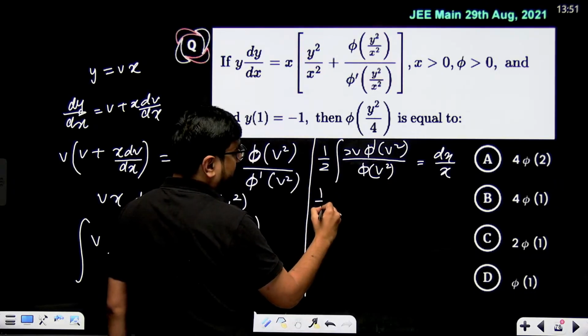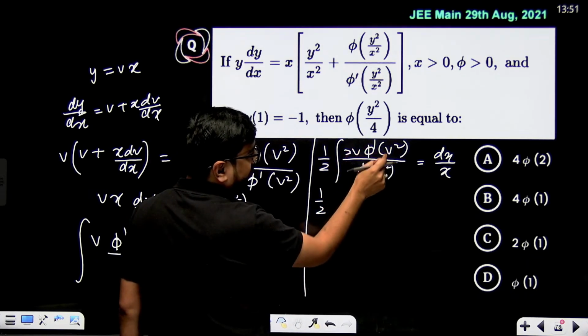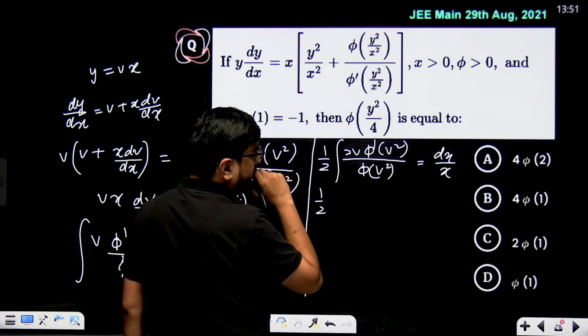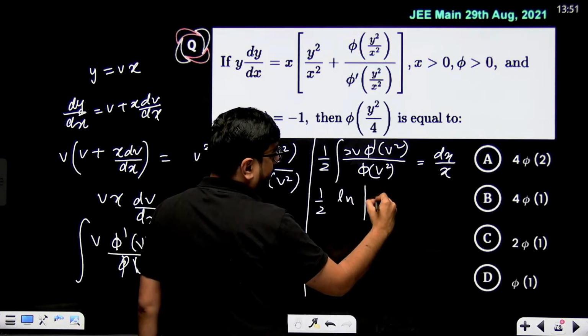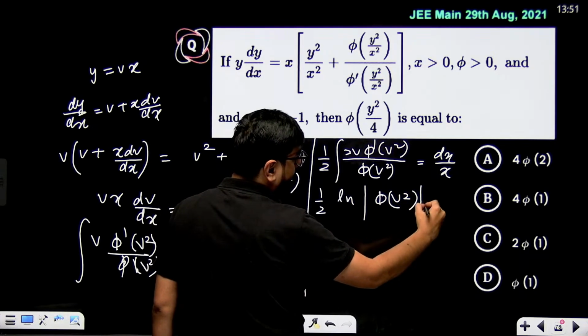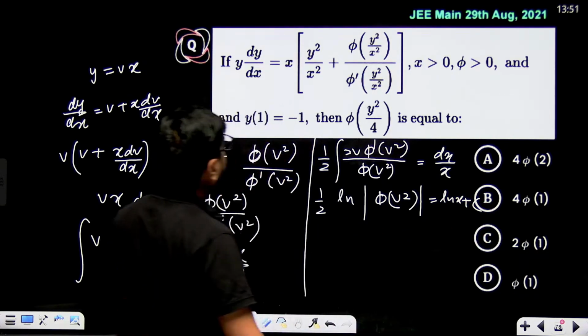Now this is 1 by 2, this thing will become v dv and f dash by f we have. So this is going to become ln of phi of v square, correct? And this side we'll have ln x plus some constant c.